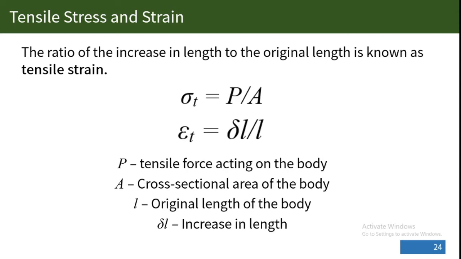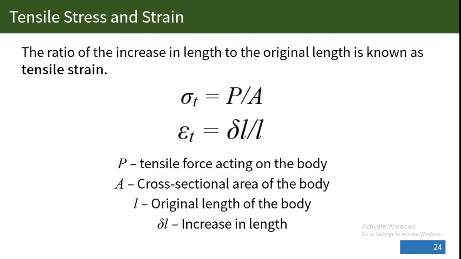Here, the force is the tensile force acting on the body, and A is the cross-sectional area of the body, which is the area of the plane opposite to the acting force. So the cross-section where this force is applied is our concerned area in computing the tensile stress. And L is the original length of the body.